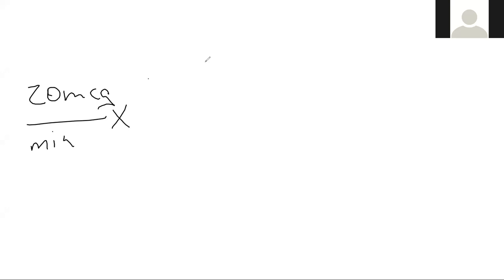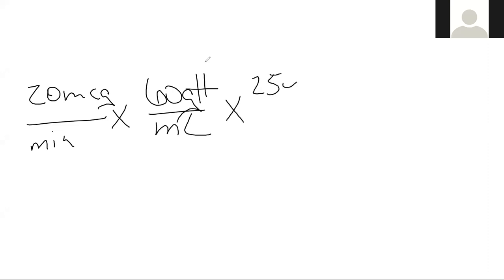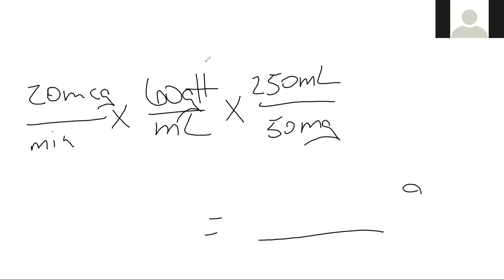So we're going to need that 60 drop per milliliter drip infusion set. And remember, we've got that concentration that I've got to flip. I've got 250 milliliters, and I've got 50 milligrams of drug in that. And my question is going to be, how many drops per minute do I infuse into my patient?